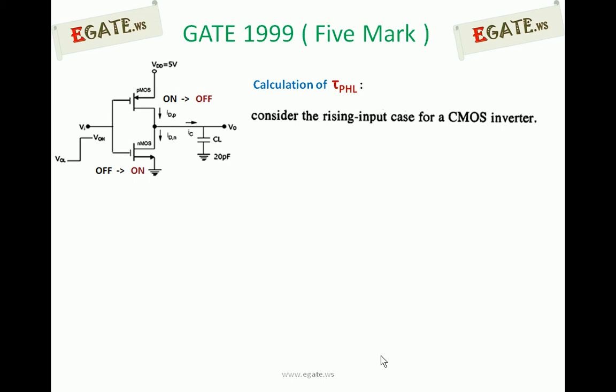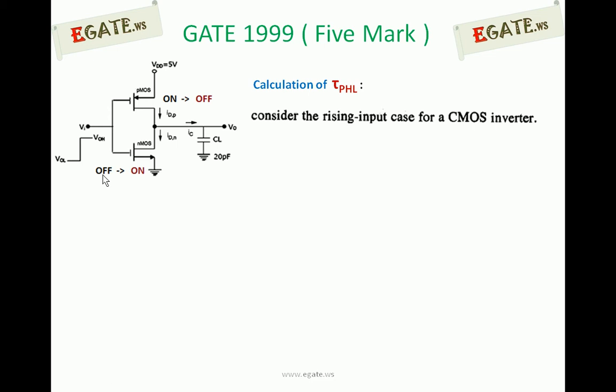Consider the rising input case for a CMOS inverter. The rising input case is simply changing the input signal from VOL to VOH. Assume that the input is at VOL. Whenever the input is at VOL, PMOS will be in the on condition and NMOS will be in the off condition.